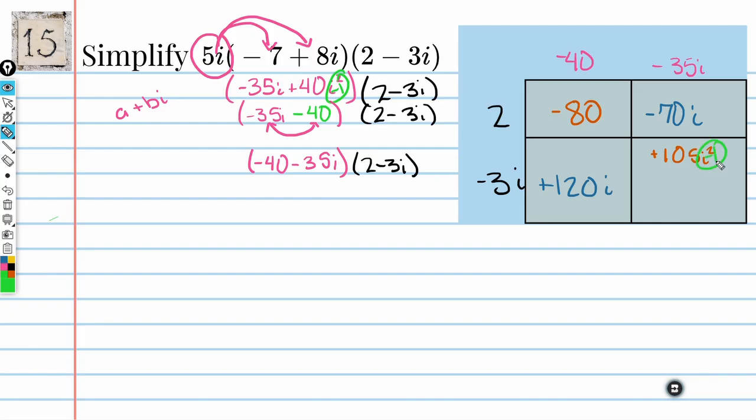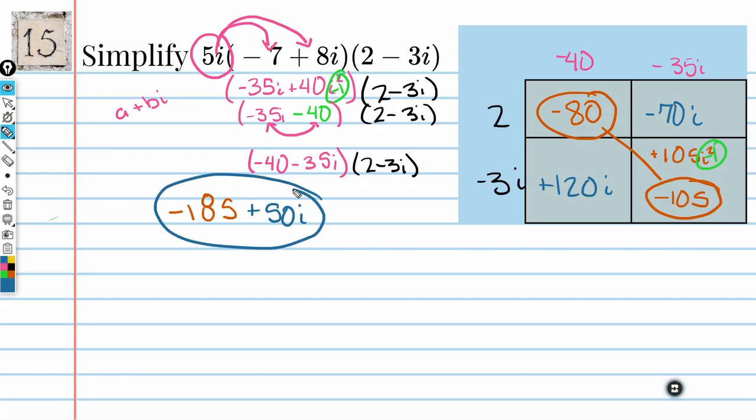I squared is negative 1. So positive 105 times negative 1 gives us a negative 105. When we add our two real parts together, we end up with a negative 185, plus 50i. And that's your complex number.